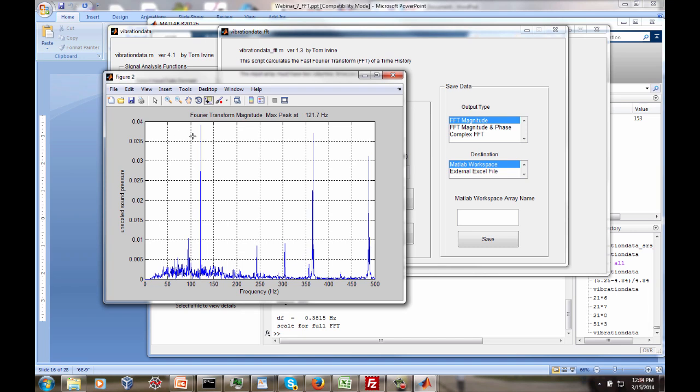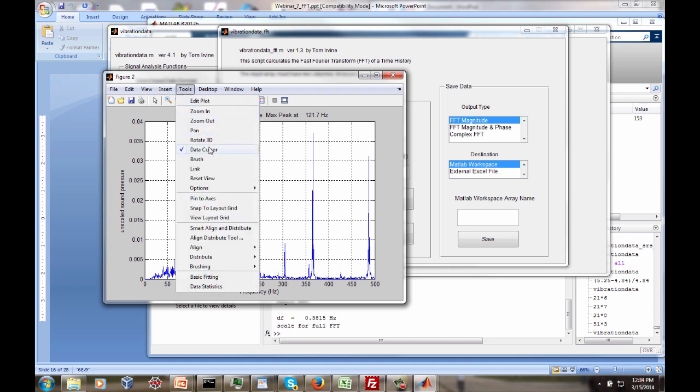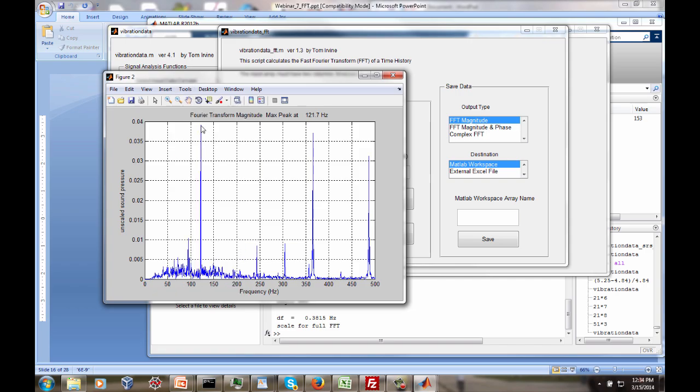Well, let's just take some of the dominant peaks here. So I'm going to take a data cursor here, and well, it's occurring at 121.7 hertz. Let's create a new data tip.